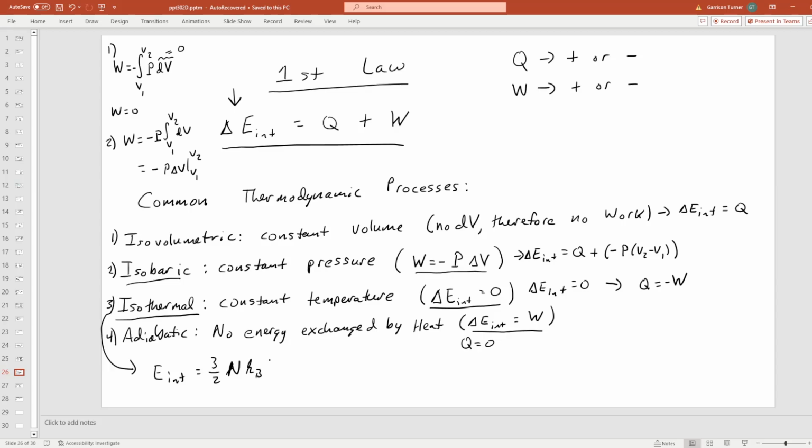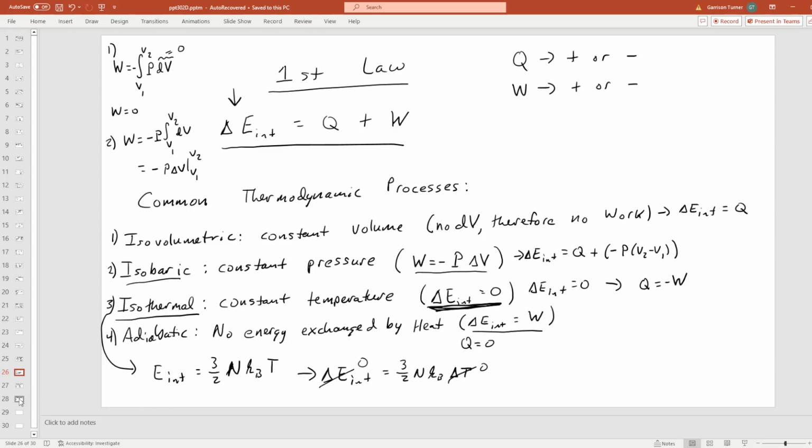N times KB times T. So if I take the change, then this becomes 3 halves NKB delta T. And so if delta T is 0 for your isothermal process, then delta E is 0. So this is where the justification for this statement comes from. Okay, this is the justification for this statement.